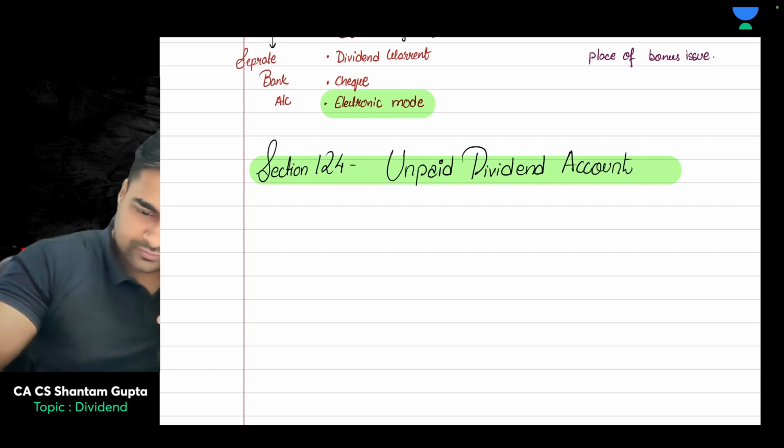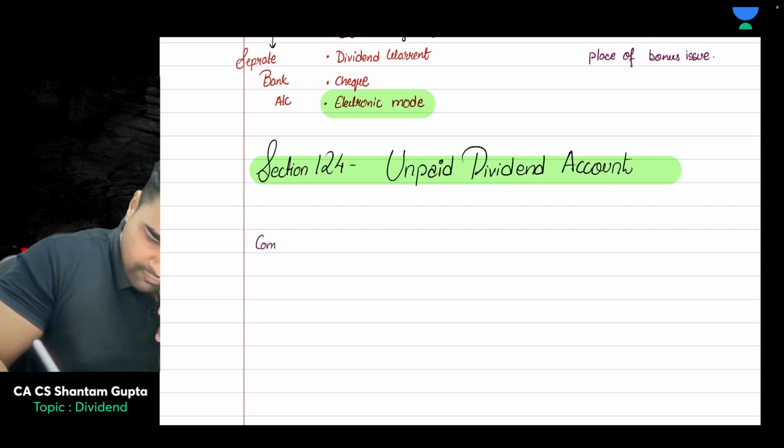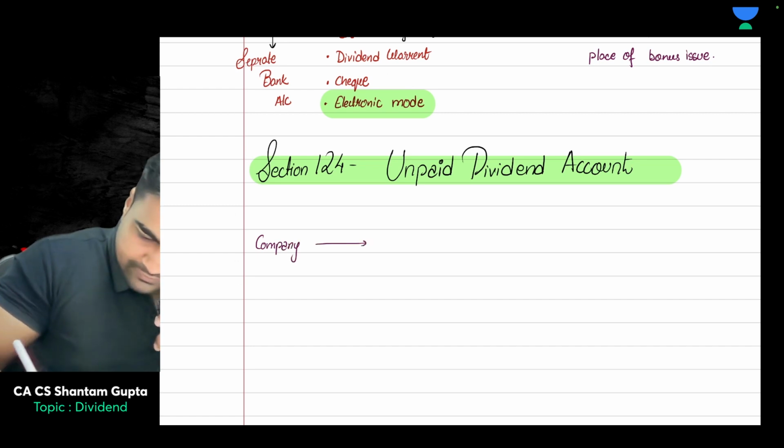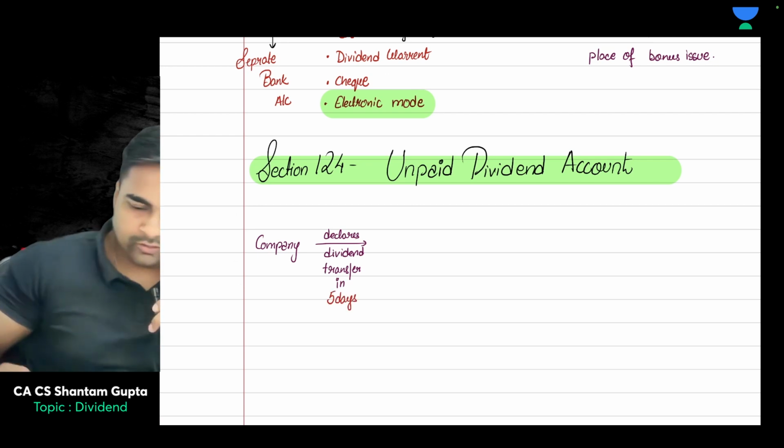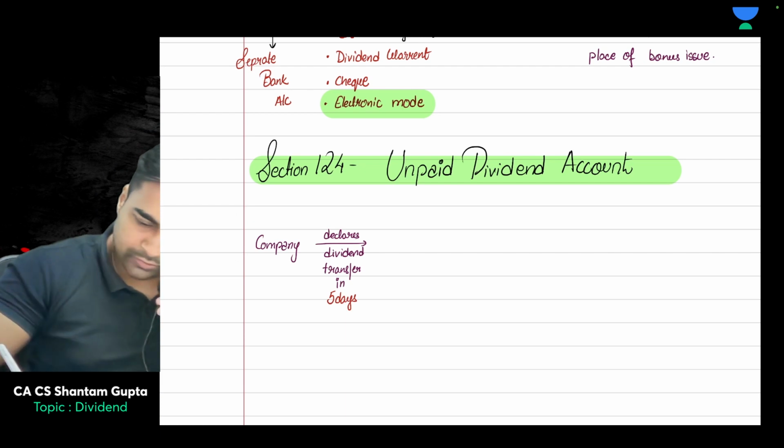Okay. First, company declares dividend. So they will do what? They will transfer in 5 days to a separate bank account.